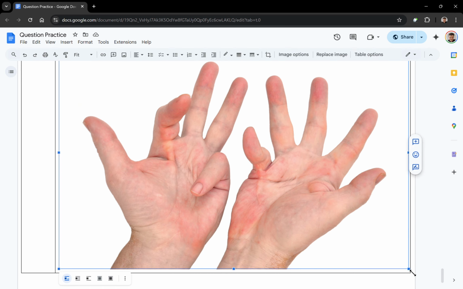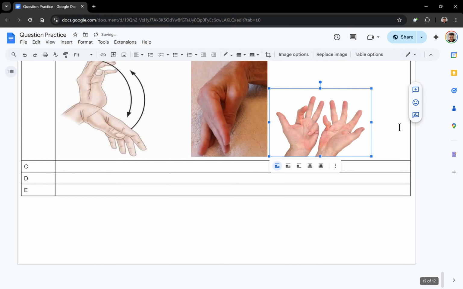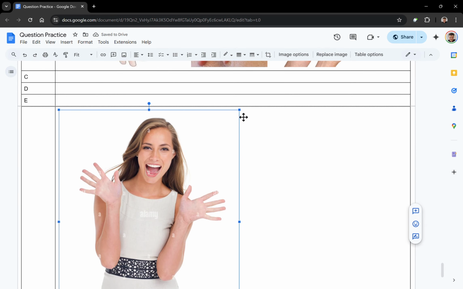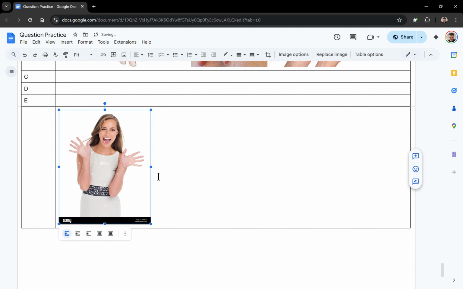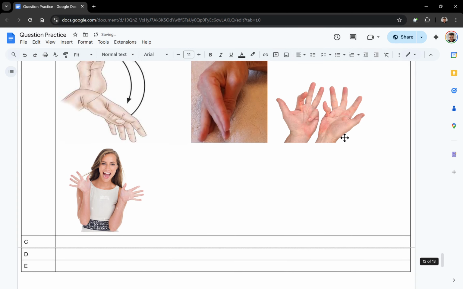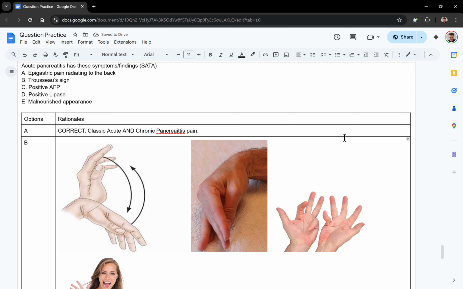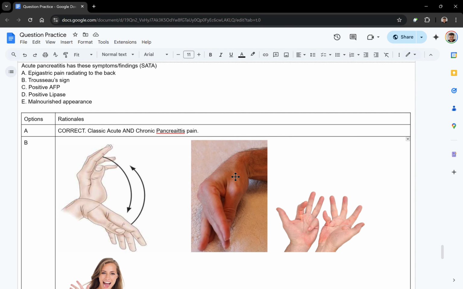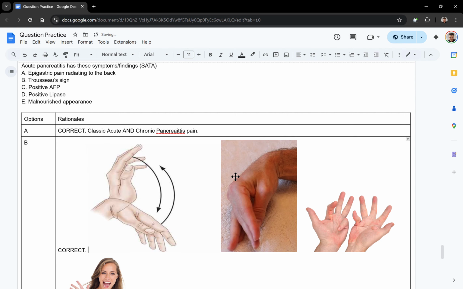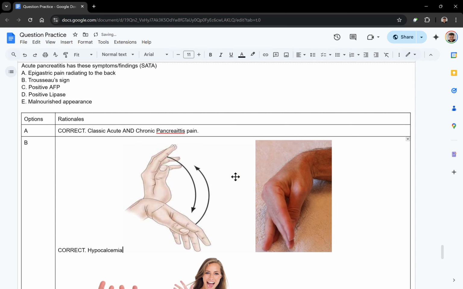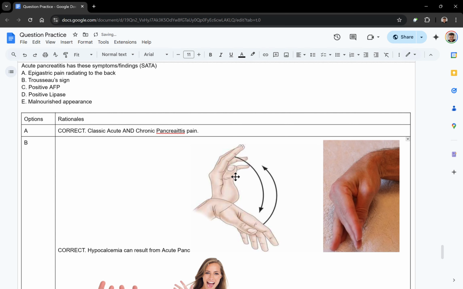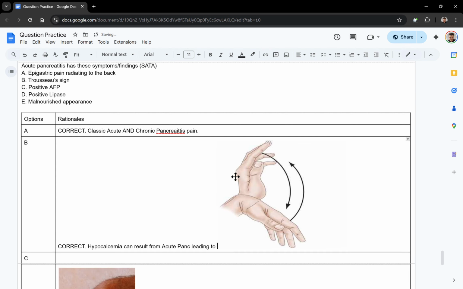So is this correct or incorrect? Why is it correct? Hypocalcemia can result from acute pancreatitis, not chronic, leading to Trousseau's.